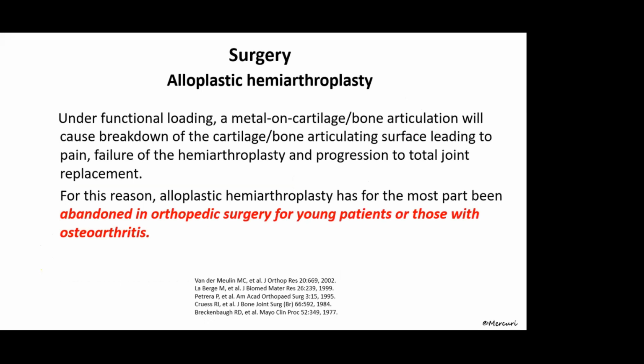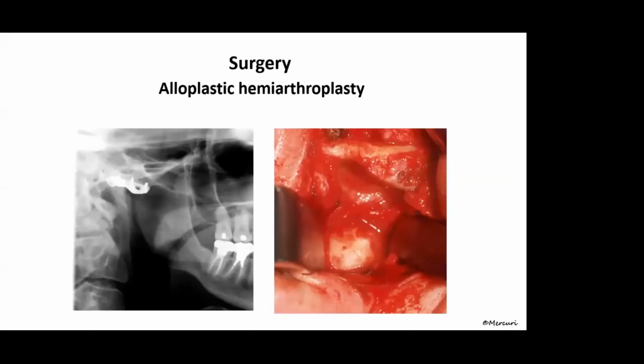Alloplastic hemiarthroplasty. This is placing a liner against a bone. This was abandoned in orthopedic surgery for younger patients with osteoarthritis. And in the temporomandibular joint, this was a fossa eminence device that is no longer available.